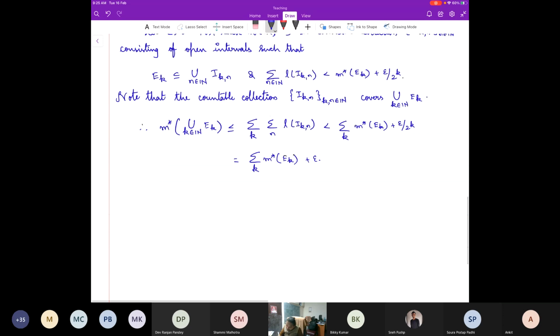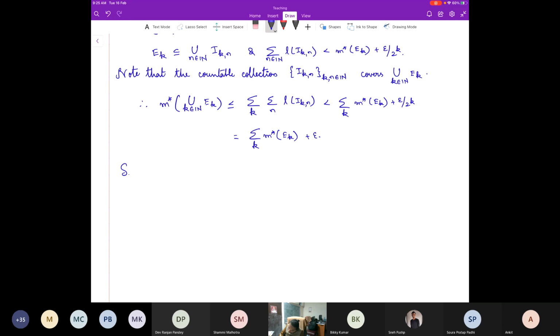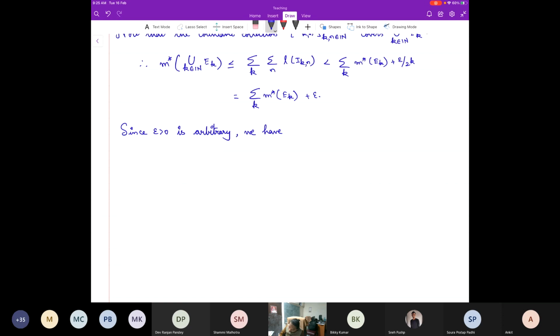The same thing. Since epsilon greater than 0 is arbitrary, we have m star of the union is less than or equal to the summation over k of m star of Ek.